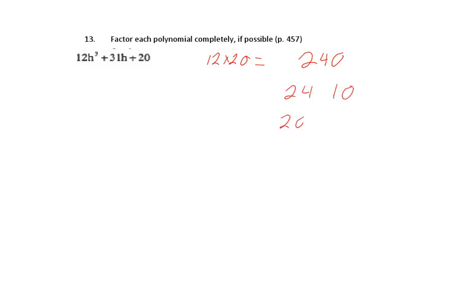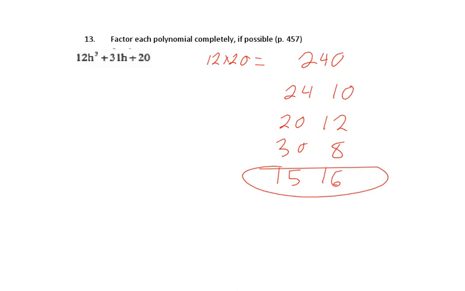There's 20 and 12. There's 30 and 8. There's 15 and 16. I like 15 and 16 because that adds up to 31. So what you end up getting is 12H2 plus 15H plus 16H plus 20.